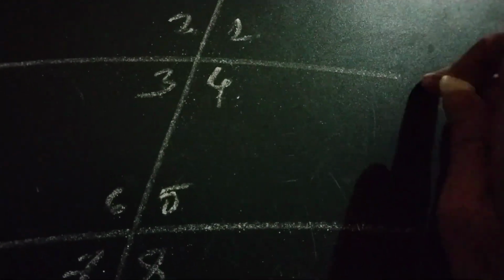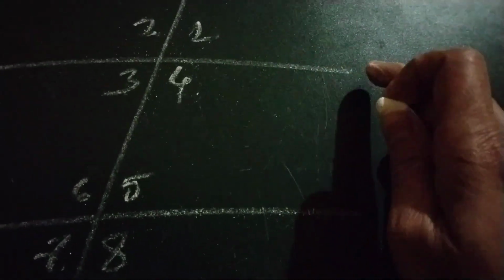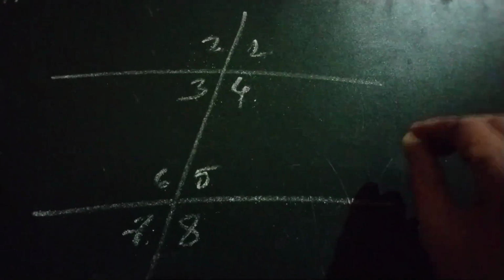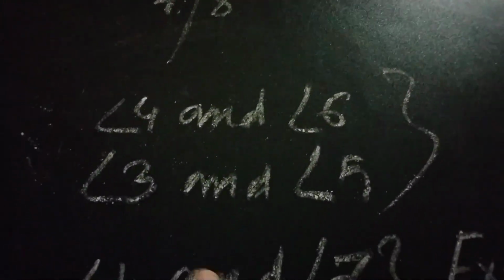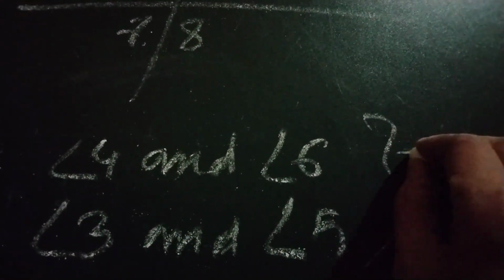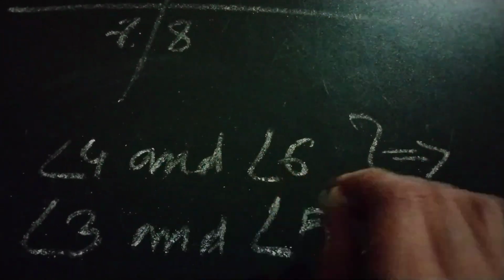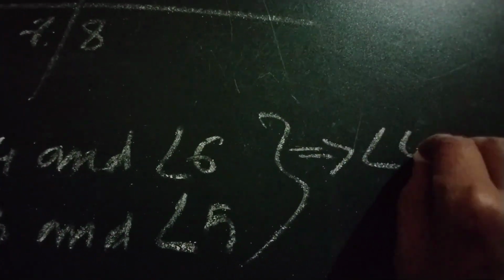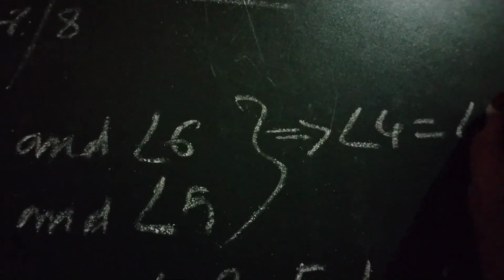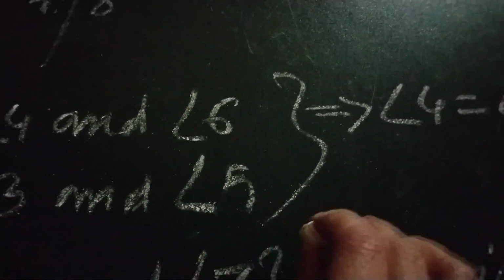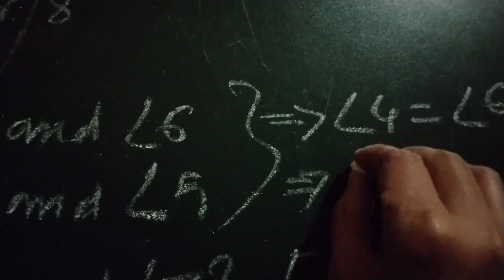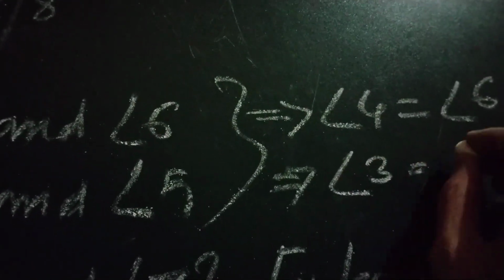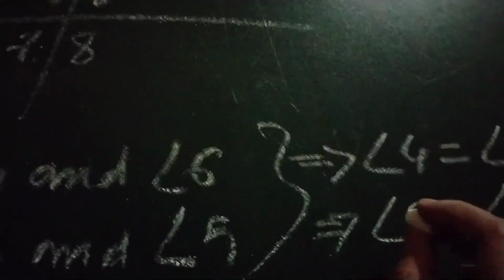Here notice one thing, this line segment and this line segment are parallel. As these two line segments are parallel and intersected by another line, angle 4 and angle 6 are interior alternate angles. They are equal, and like this angle 3 and angle 5 are equal.